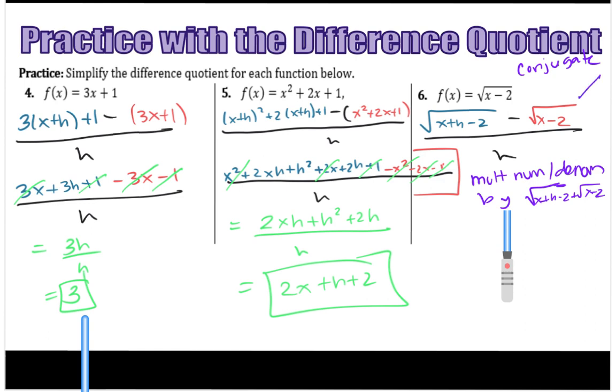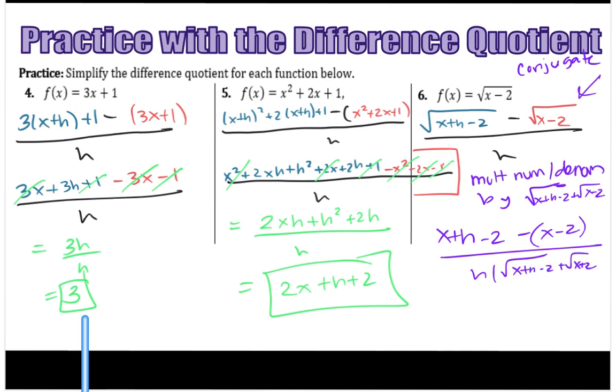So multiplying by the conjugate of this numerator. When we do that, we will end up with x plus h minus 2 minus x minus 2 all over h times the conjugate.